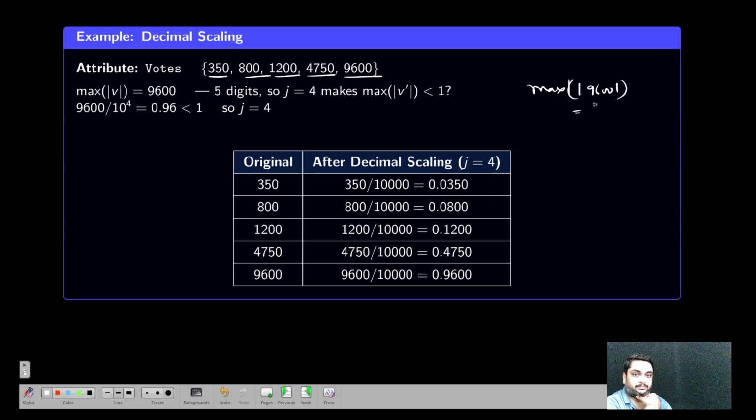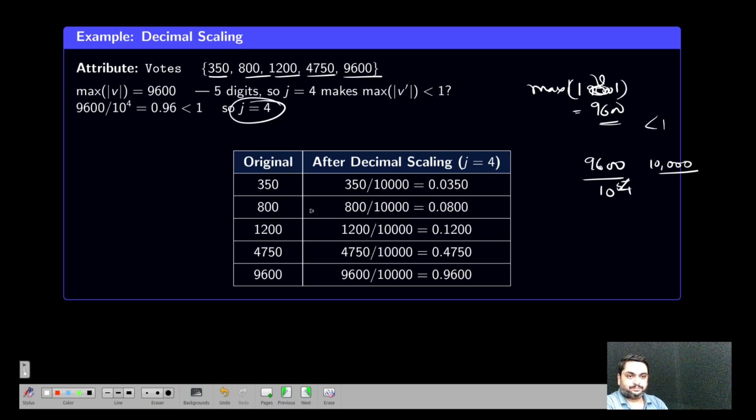To convert this to less than 1, I should divide it by 10 power 4, which is 10,000. So j is equal to 4, because the next power of 10 greater than 9,600 is 10,000. So that's how you calculate j.